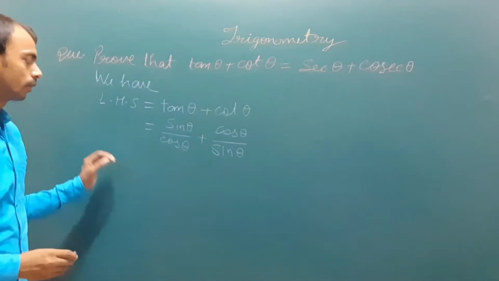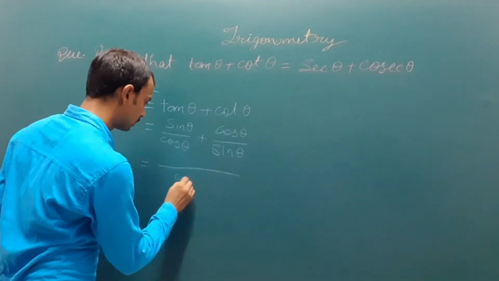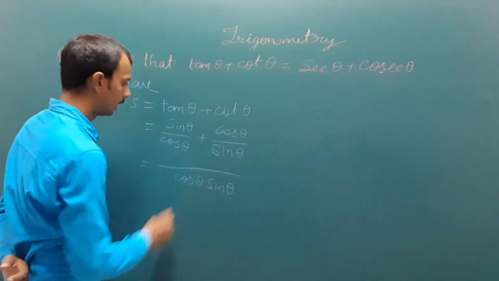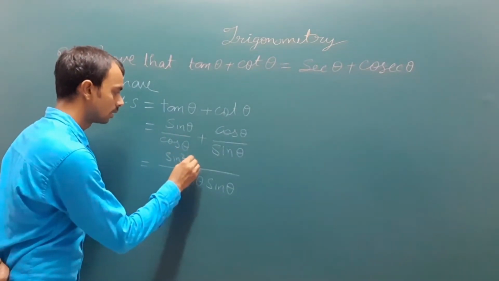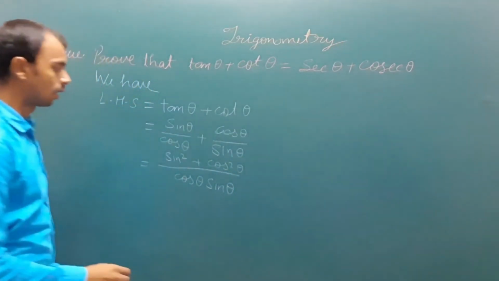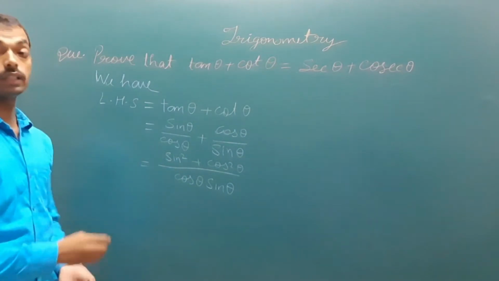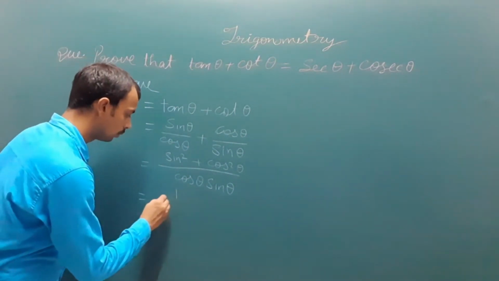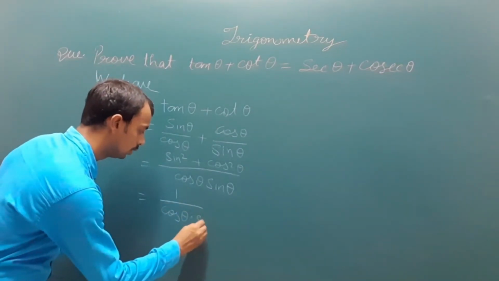Now if I take LCM, I will get cos theta sin theta, and at the numerator, sin square theta plus cos square theta. Now we know that sin square theta plus cos square theta is equal to 1. So I can put the value 1 over here, and I will get 1 upon cos theta into sin theta.